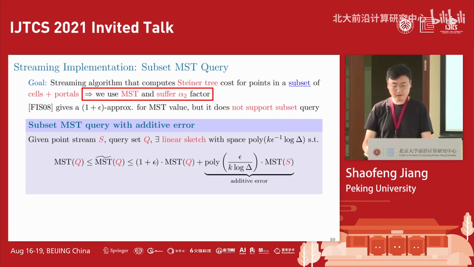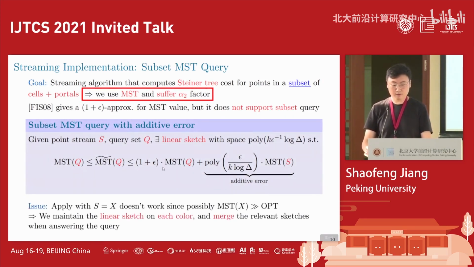So essentially here, our algorithm can answer the query with multiplicative error 1 plus epsilon, which is good, but the epsilon error is something like this. When you look at it, this additive error depends on the whole point stream instead of the query set. So it could be quite large. And indeed, when you want to apply this theorem, you cannot just apply it on the whole data set, because that error could be too large.